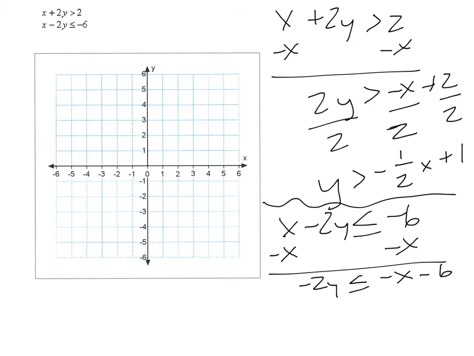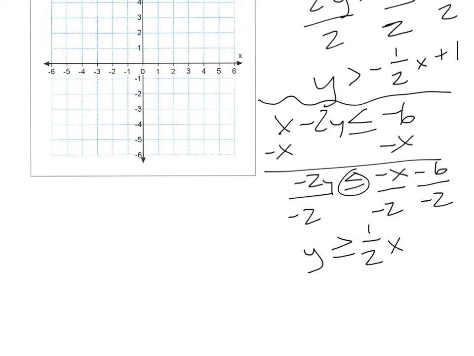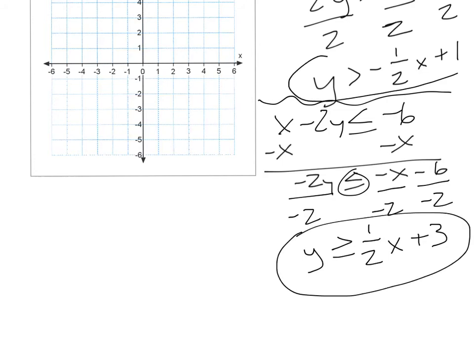Now let's move this up here just a little bit. So let's go ahead and divide by our negative 2. I'm going to circle that inequality. Divide by negative 2. So I'm going to end up with y is greater than or equal to positive 1/2 x, because the negatives cancel, plus 3. Okay, so this is going to be one of my equations, and this was my other one up here.